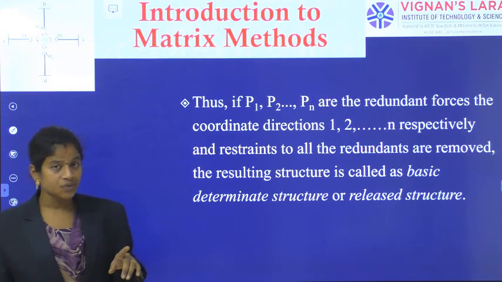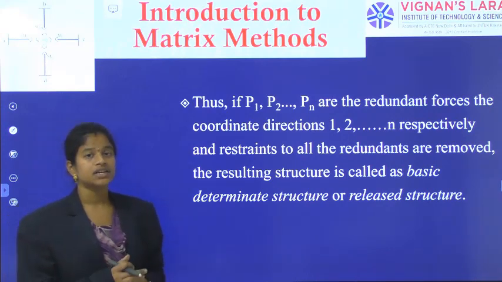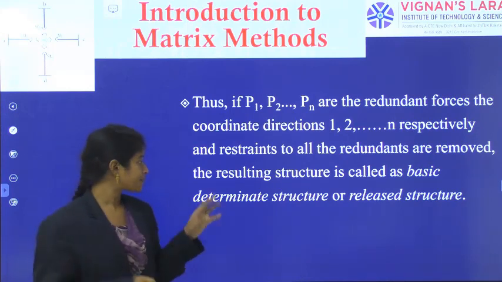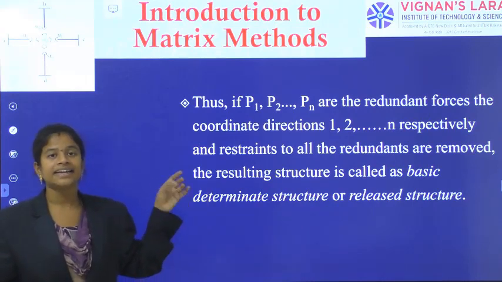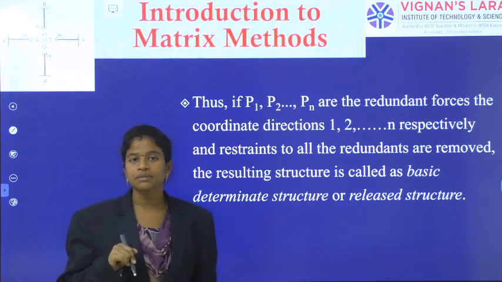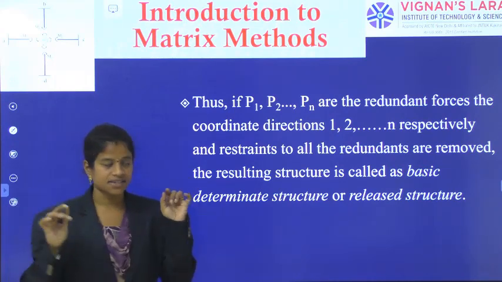So, as we have said, those are the restraints, those are the redundant forces, in all the coordinate systems, and those should be released. The resulting structure we call statically determinate, because in an indeterminate structure, at the locations where the indeterminacy is there, I am releasing it.